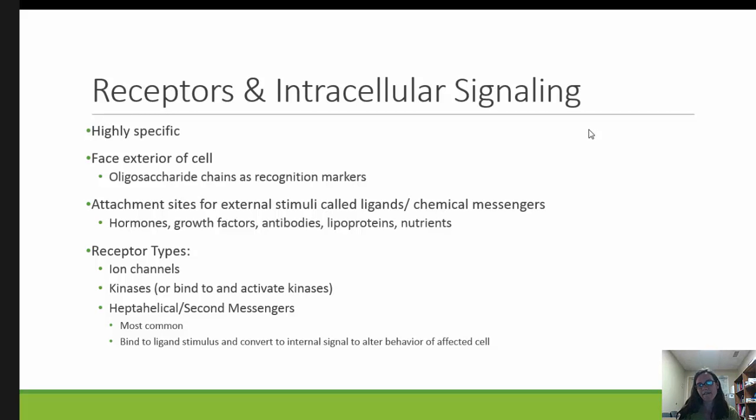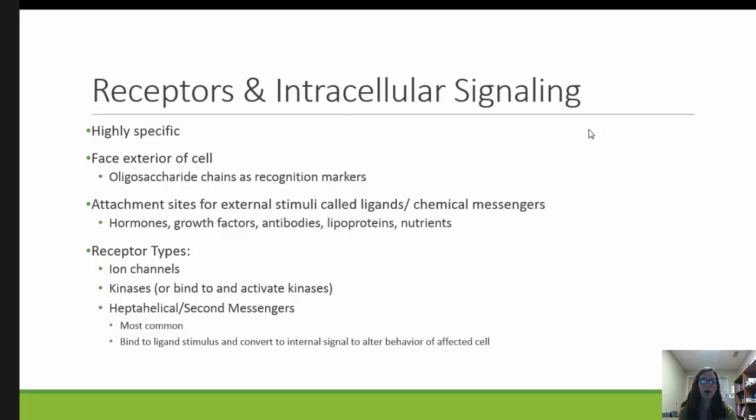These receptors have an attachment site for this external stimulus or chemical messenger, and these chemical messengers can also be called ligands. These can be hormones, growth factors, antibodies, lipoproteins, or nutrients. So these chemical messengers can be really broad in nature.